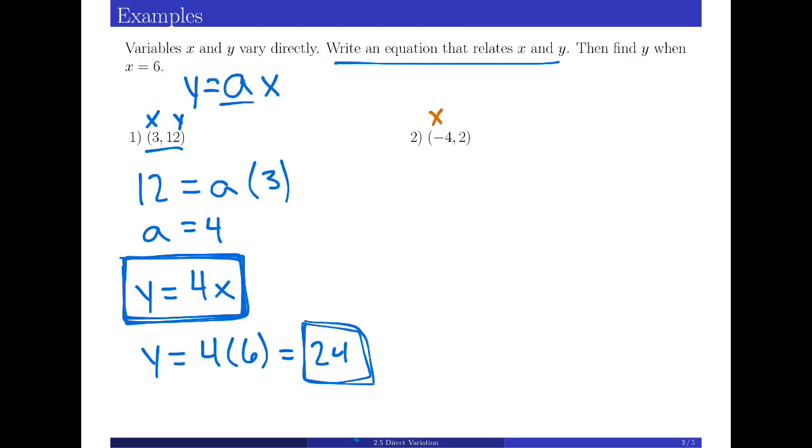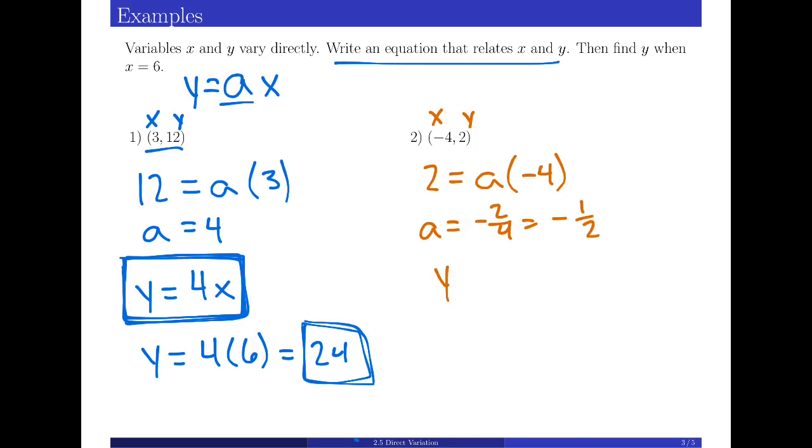Over here, a different pairing of variables x and y that are related somehow. In this case, we know that when x is -4, y is 2. So 2 equals a times our negative 4 for x. Divide both sides by negative 4, and we would have negative 2/4, which is negative 1/2, is our a.